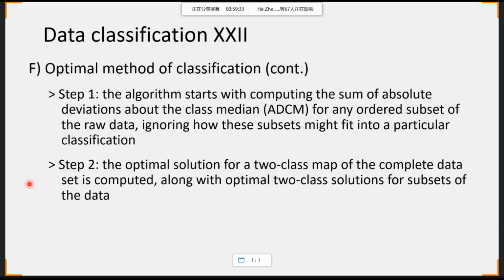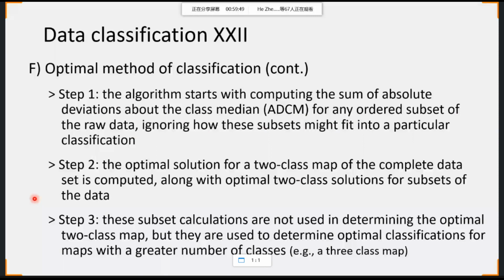In our example here, we would need 5 classes, but we would start just with 2 classes, along with optimal 2-class solutions for subsets of the data. Then in the next step, these subset calculations are used to determine optimal classifications for maps with a greater number of classes, for example, a 3-class map.